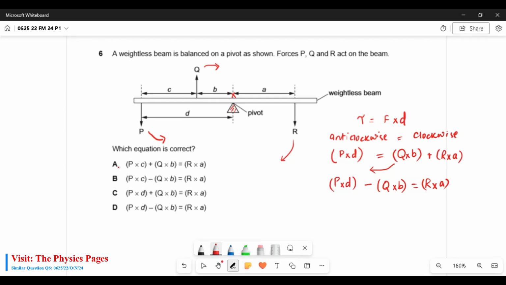So if you see the first option P times C, I didn't find anything related to C, so this is wrong. P times D plus Q times B, I have minus here. So P times D minus Q times B is equal to R times A.